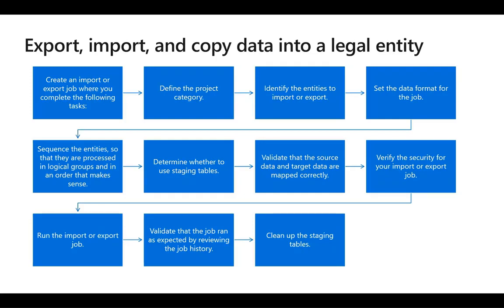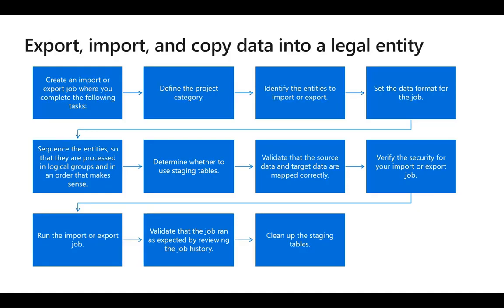Then set up the proper sequence of the entities so that they are processed in logical groups and in an order that makes sense. Determine whether to use the staging table. As a best practice, it is always suggested to use a staging table with import projects.